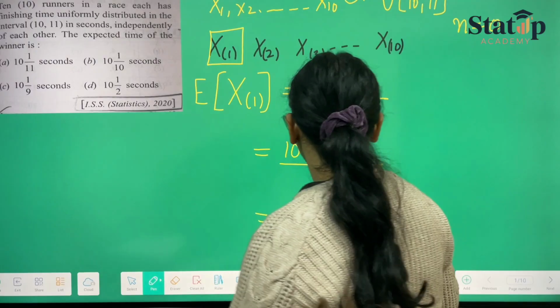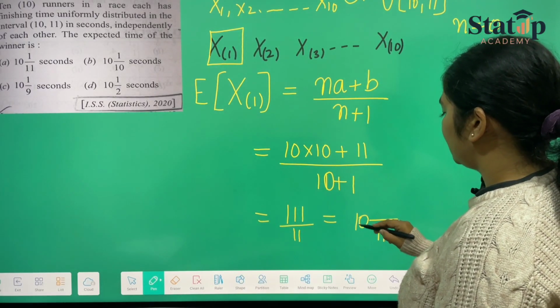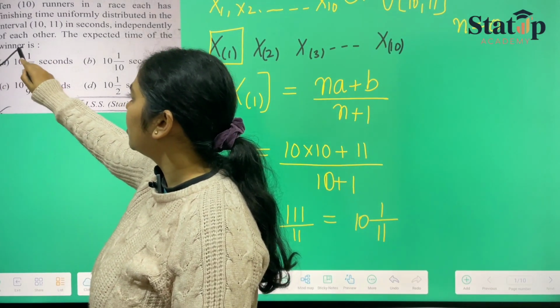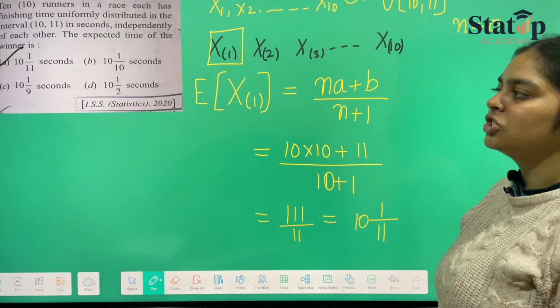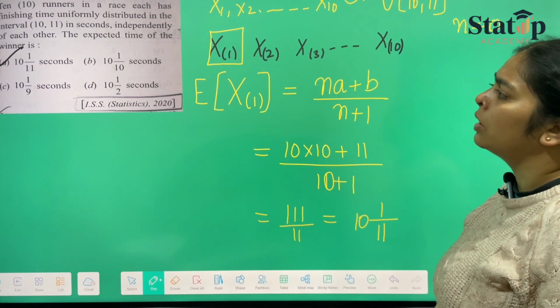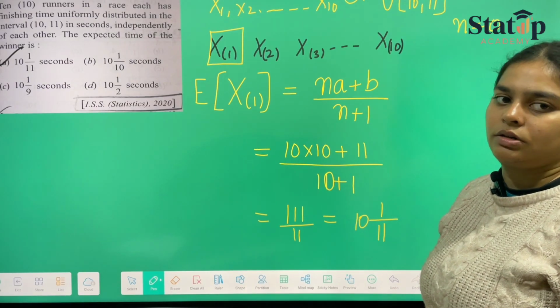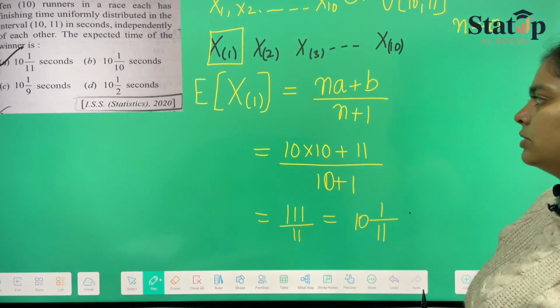And if we put it in fraction, it will be 11 tens plus 1, which forms our answer as option number A, 10 1 by 11 seconds. This much time is taken by the winner, the first person to be the winner out of the 10 runners. This is how we calculated for ordered statistics.